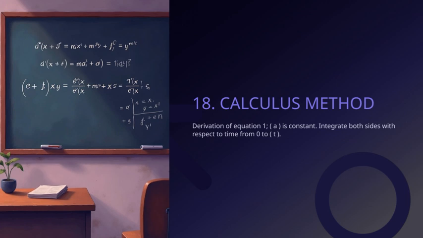By doing this, we effectively accumulate the effects over time, which is a common technique in calculus methods. This approach is fundamental in understanding the behavior of the system we're studying, and it ties back to the overall theme of using calculus to solve dynamic problems.